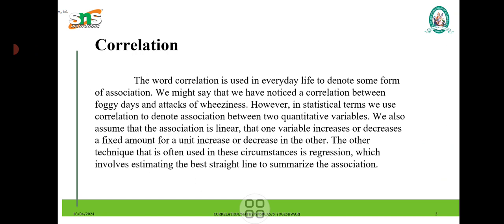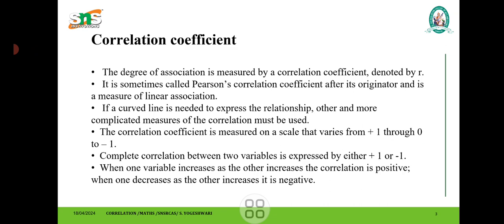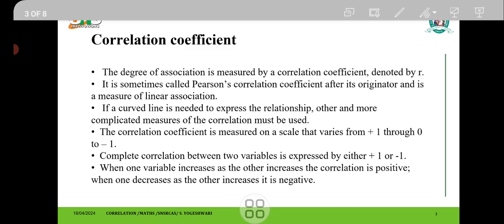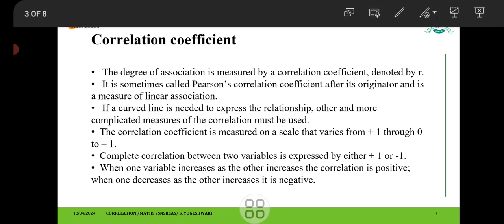The other technique that is often used in these circumstances is regression, which involves estimating the best straight line to summarize the association. Correlation coefficient. The degree of association is measured by the correlation coefficient denoted by r.